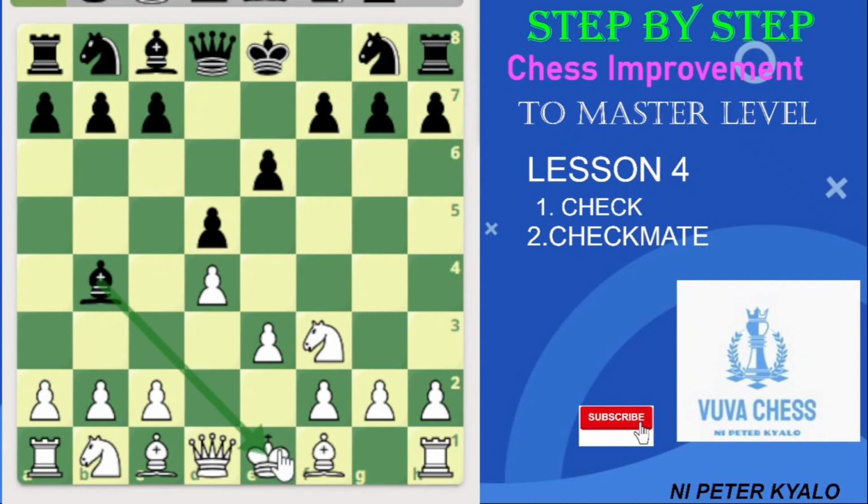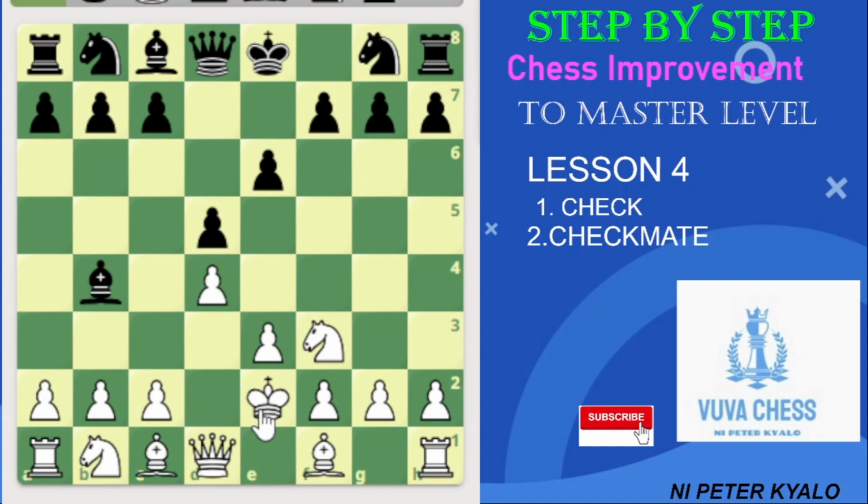So how can we respond? There are so many ways of going against check, and we are going to cover all of them. One of them is to block, like you create a blockade. So you move a pawn or another piece to blockade the piece which is checking. The second way is to move the piece which is being checked away.